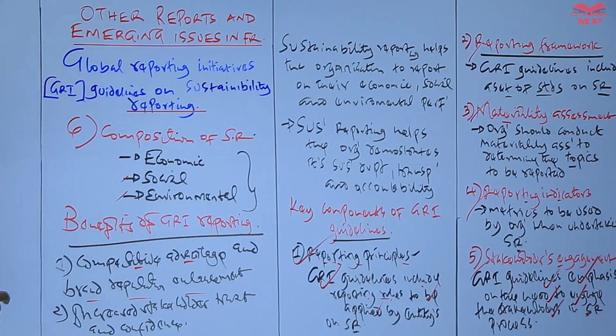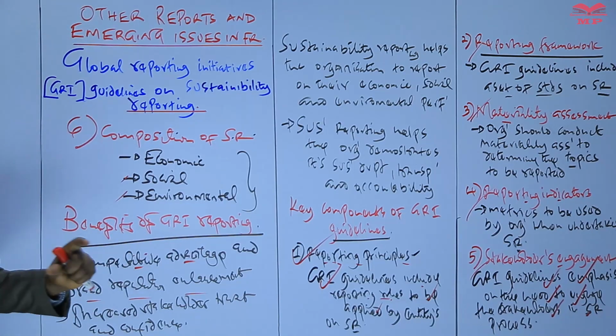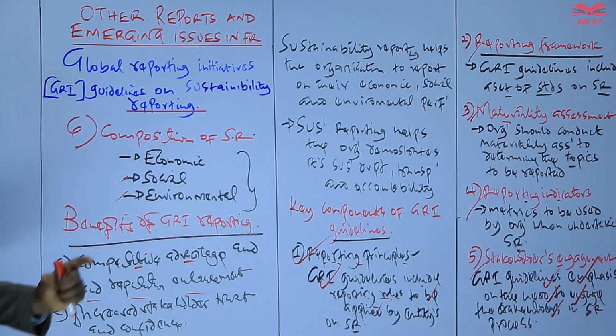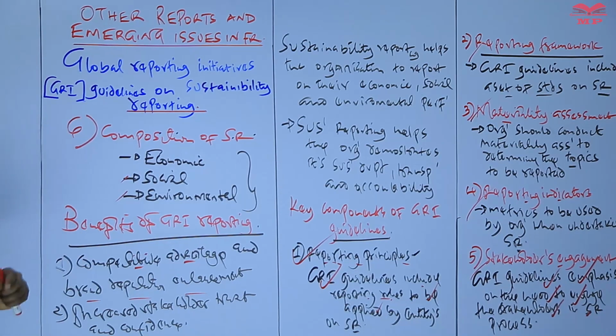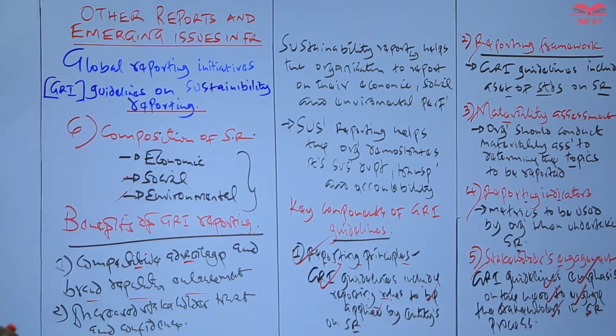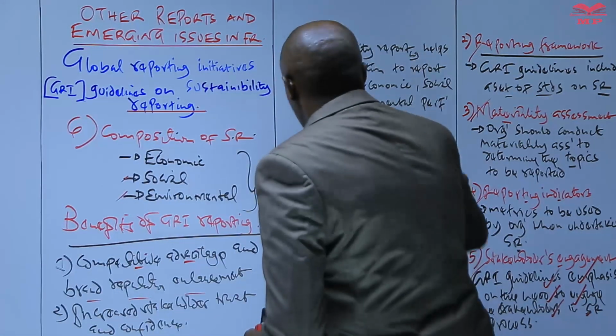The organization is able to explain how it is performing, its financial performance, the various activities the company is undertaking to promote the welfare of the community, and also the company is reporting on its environmental performance. By the end of the day, we are saying it leads to increased trust and confidence by the various stakeholders.